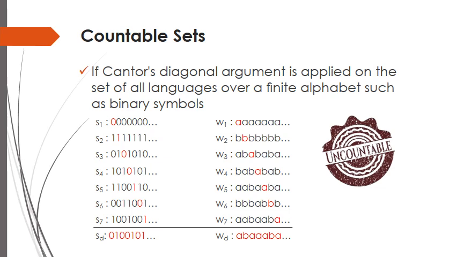Again we make the diagonal red and try to add a new string below. But we say that it is not possible to count the set of all languages, since it is possible to add a new string here, as in real numbers.